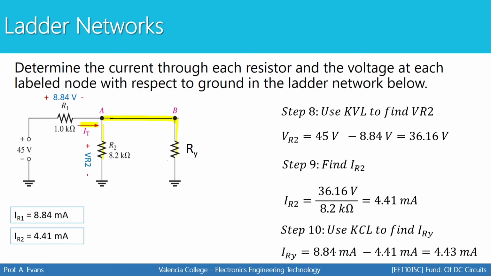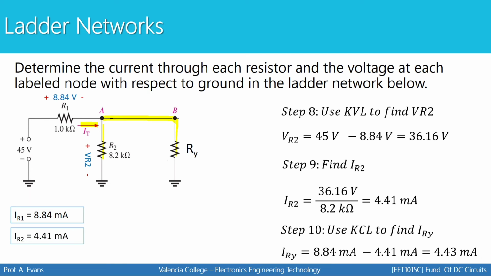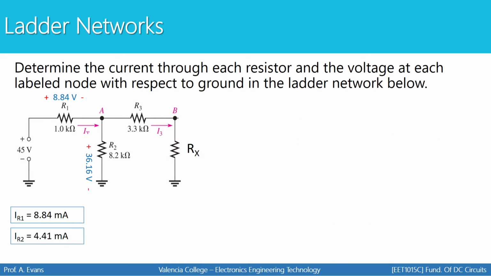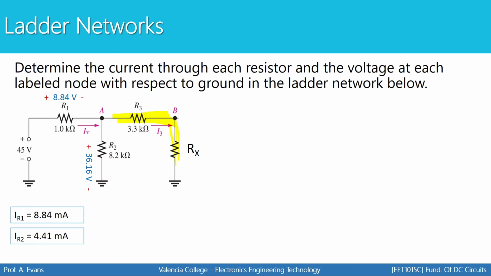Now, let's remove RY. RY was the combination of R3 and RX. So see how I've removed RY and put R3 and RX back in. We just figured out how much current flows through here. So we now know the current through R3, because RY replaced R3.